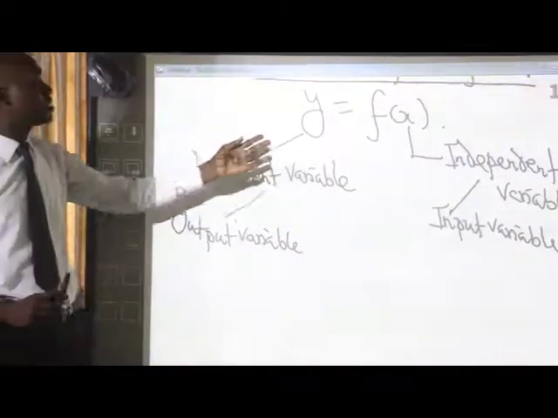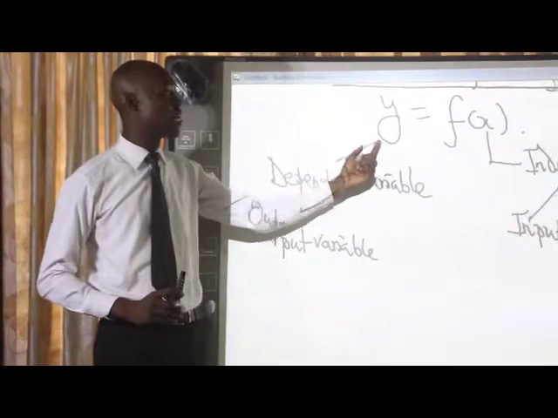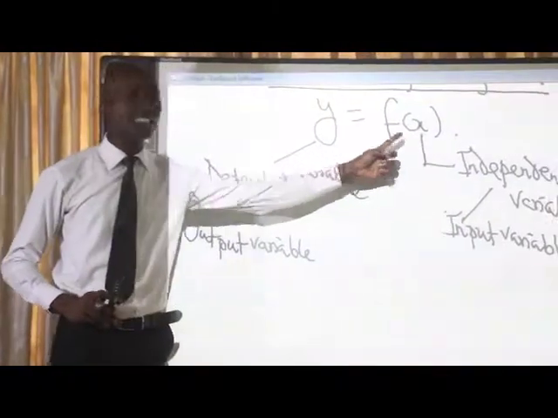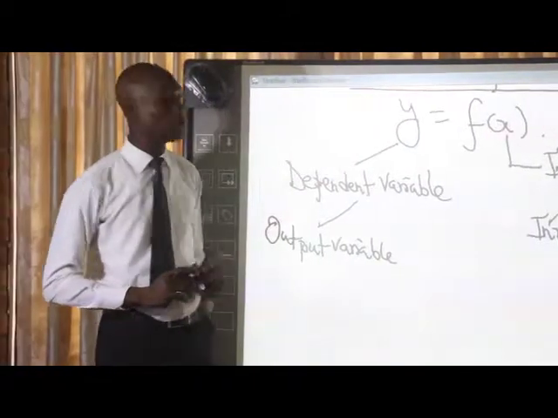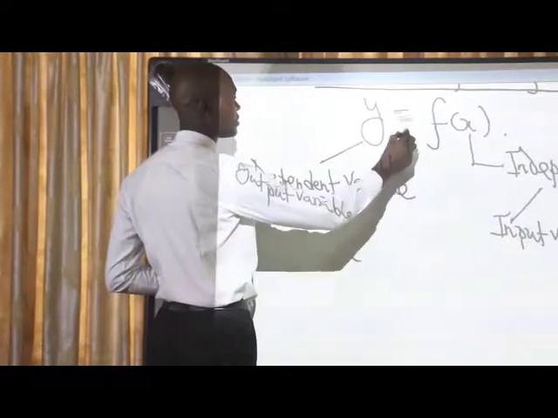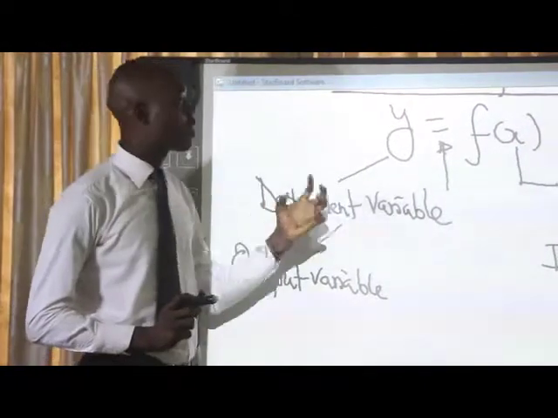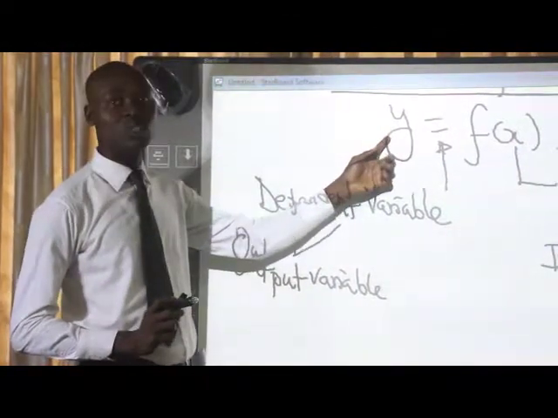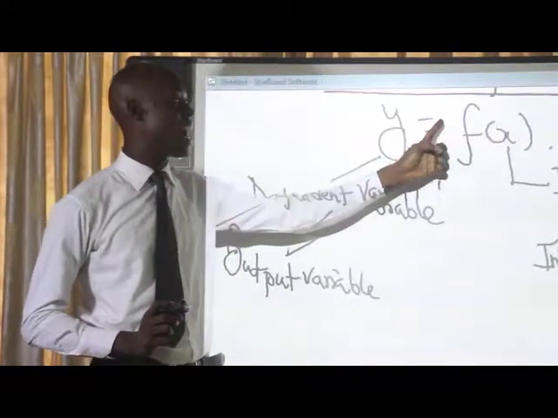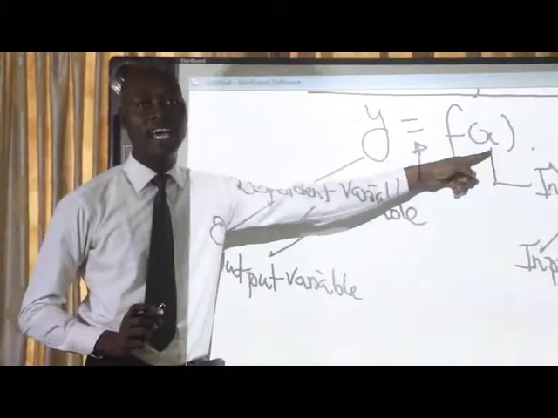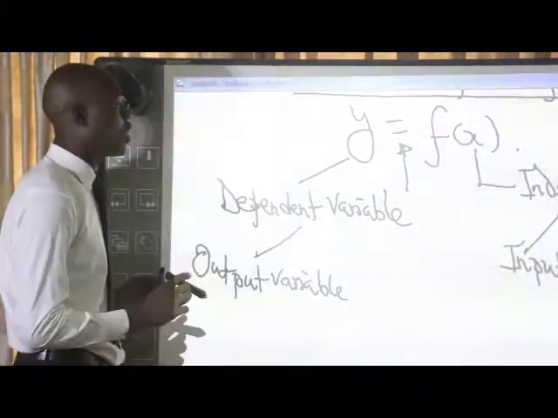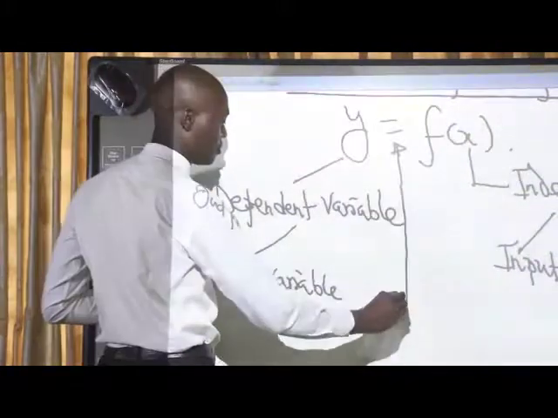What is establishing the relationship between the dependent variable and the independent variable is the equal sign. So, when we couple y with the equal sign and the function of x, we have what is called an equation.